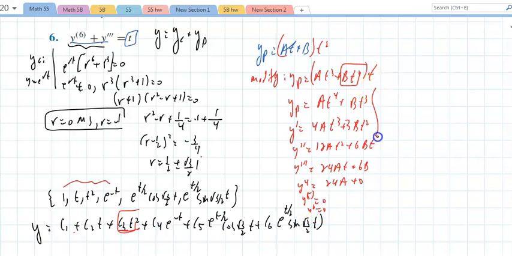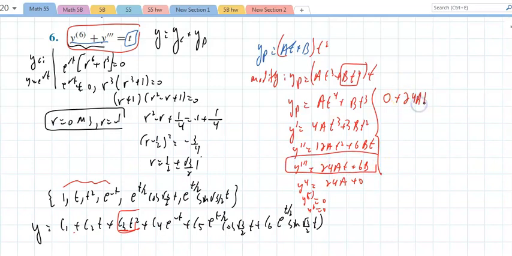So out of those, this is what I'm getting when I plug them in. The sixth derivative is 0, plus the third derivative. I have 24at plus 6b, and that should equal a t. That indicates that 24a equal a 1 and 6b must equal 0. That means a is 1 over 24 and b equals 0.